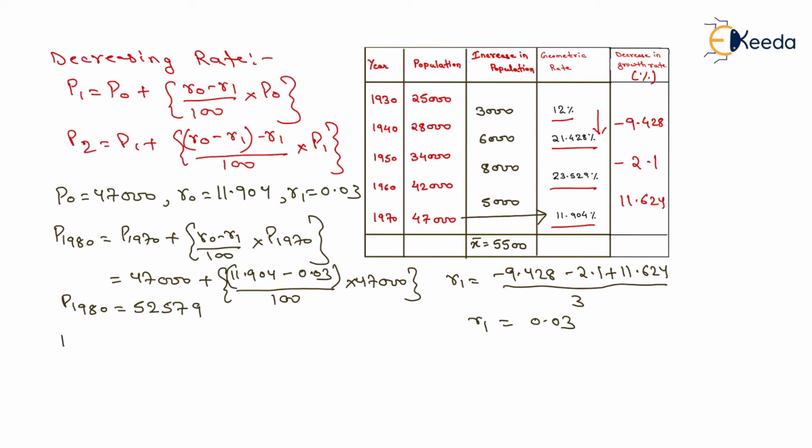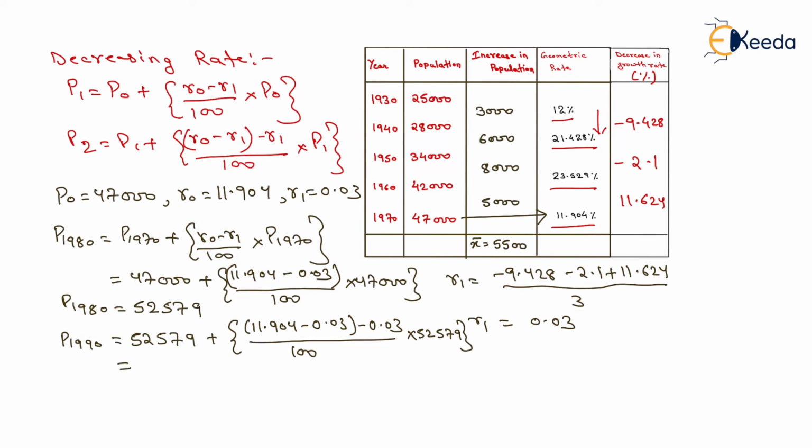Now if we want to compute the population of 1990, what do we write here? The last known population, that is 52579, because here the iterations are used. So 52579 in the bracket, we write 11.904 minus 0.03, and we subtract one more 0.03, that is the value of R1, upon 100 into the last known population, that is 52579.